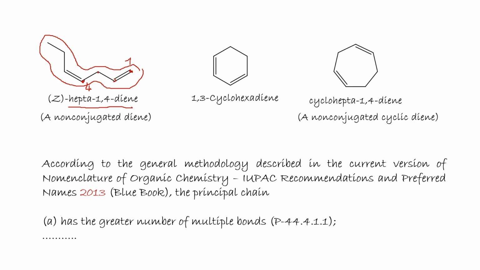For the double bond 4 and 5, we have the senior group here and here. They are on the same side, so it is Z. And this is a non-conjugated diene.